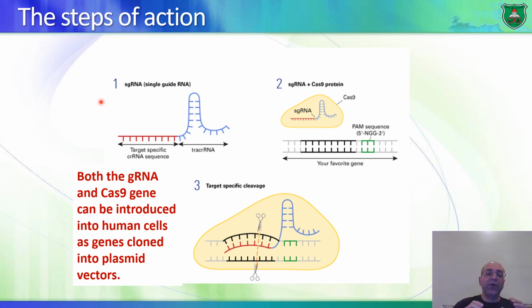Okay, so this plasmid is introduced into cells. And then, since the RNA is now part of the Cas9 protein, the Cas9 protein is directed by this RNA to a region in the human chromosome that is complementary to this RNA. And the RNA is complementary to a gene of interest, the gene that we want to replace.